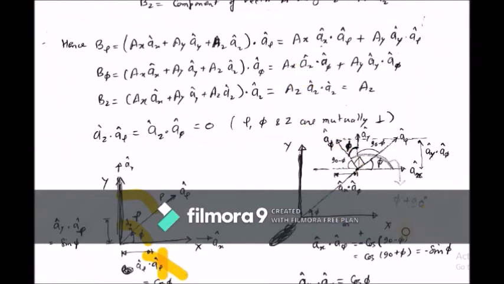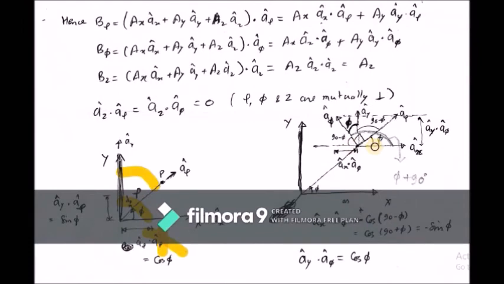Now I have to calculate the angles between a phi and x, and a phi and y, to calculate the dot products. From here, this angle is phi, that means this angle is phi. Let me draw it again. This is 90 degree, this angle is phi, so this angle will be 90 minus phi.